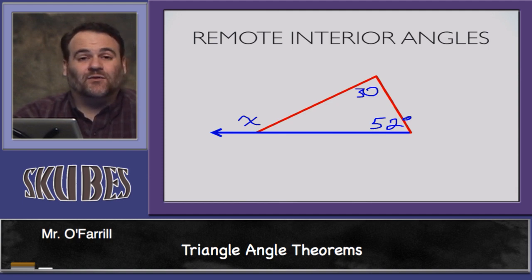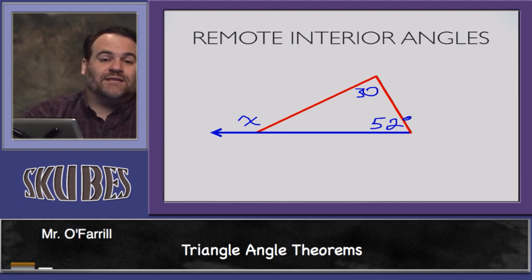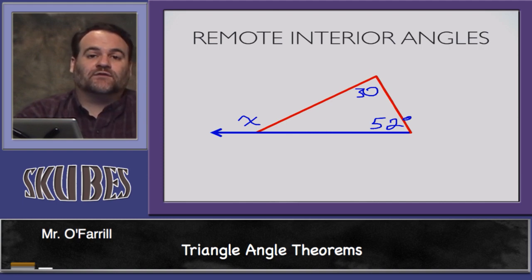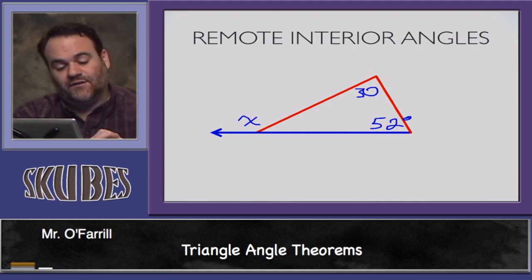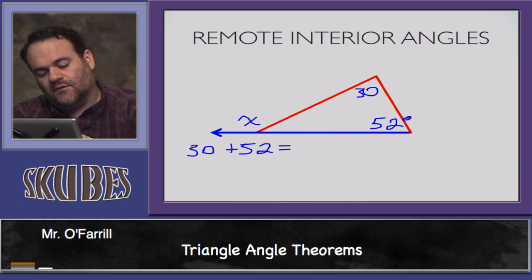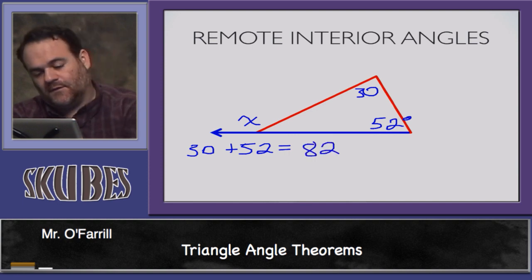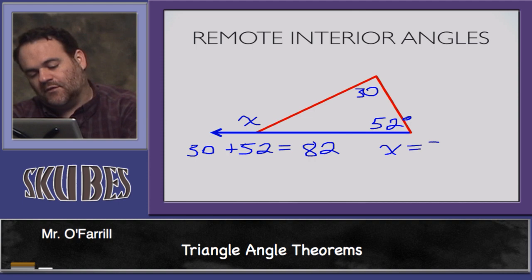Well, really simple. It's barely even algebra at this point, because all we have to do is add the two remote interior angles together, and that's going to give us the exterior. 30 plus 52 is 82. x equals 82 degrees.